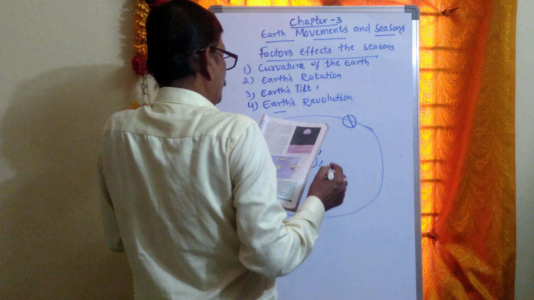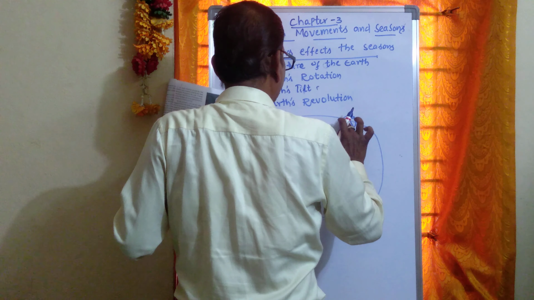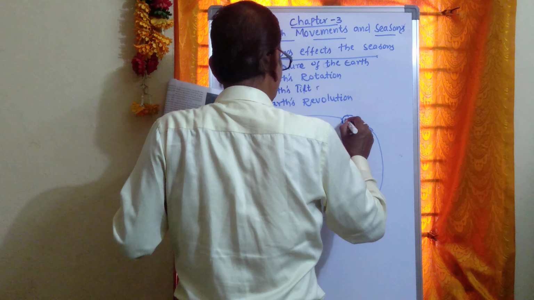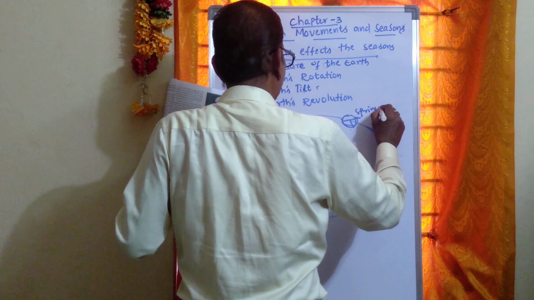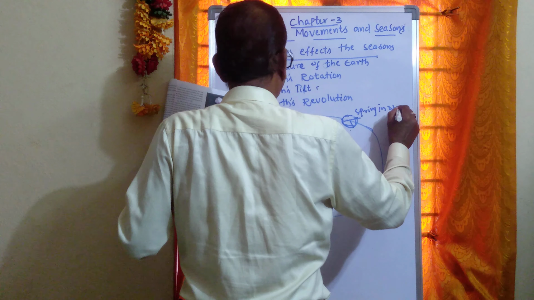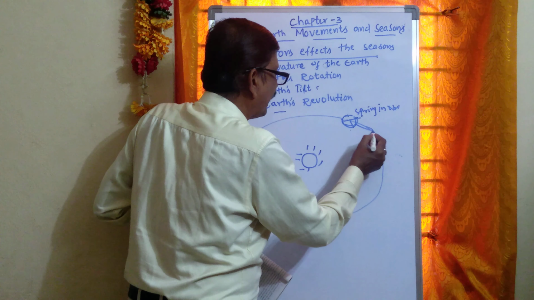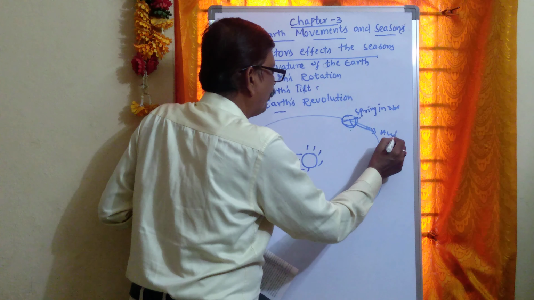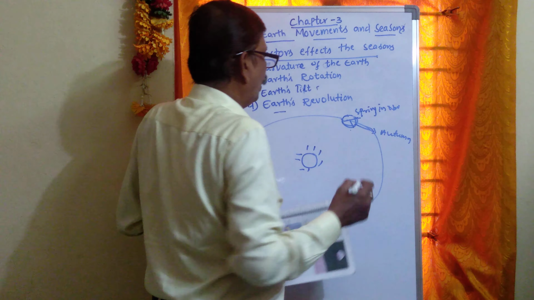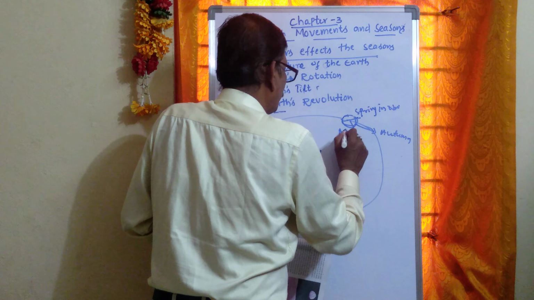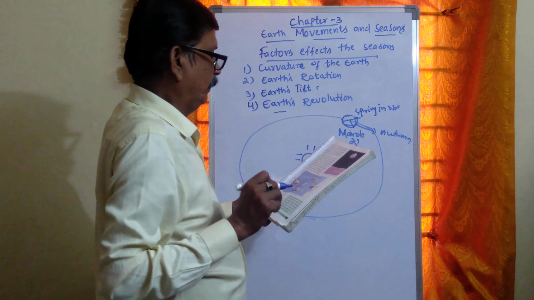Spring in the north, with the northern hemisphere and southern hemisphere marked. On the reverse side, it is autumn. So this is March 21st.